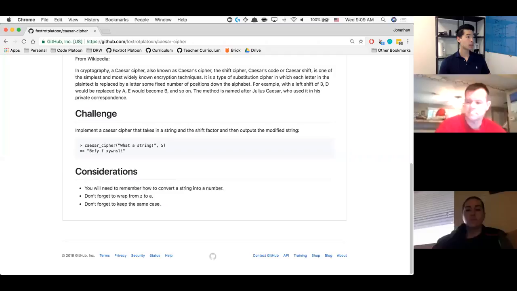Now it looks like we need to keep track of exclamation points and capital letters. Which one do you want to do first? The spaces, the capital letters, the symbols? Let's do the symbols.